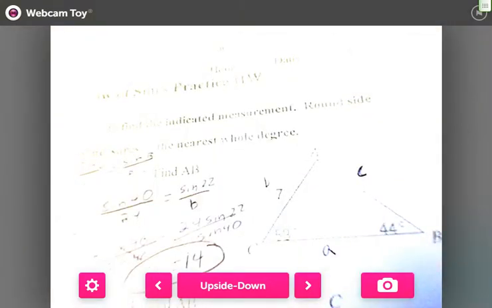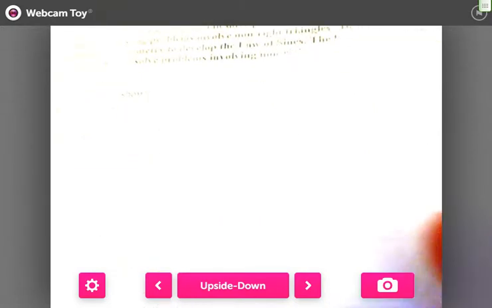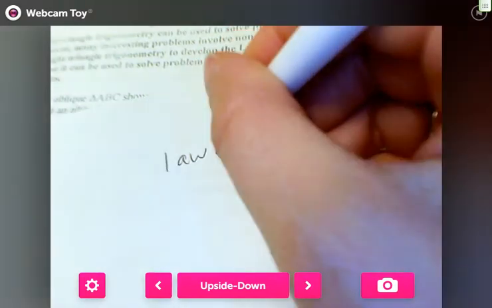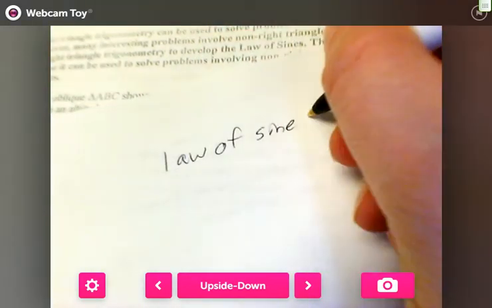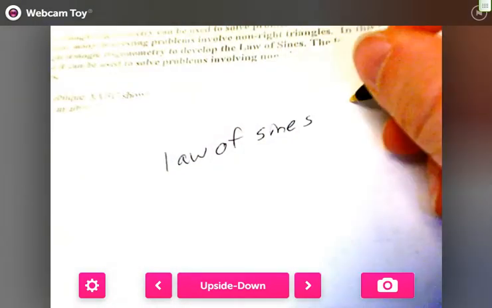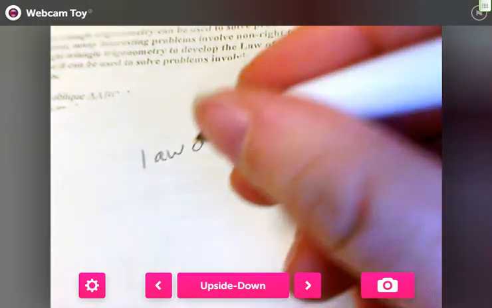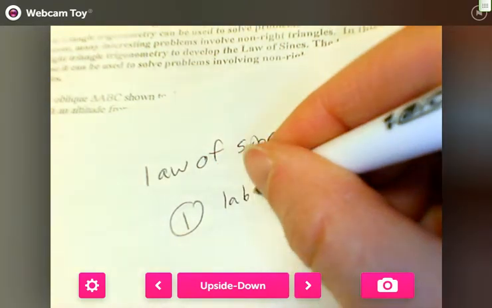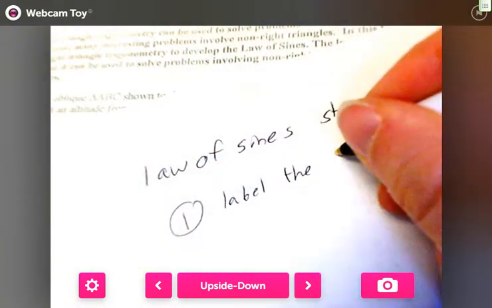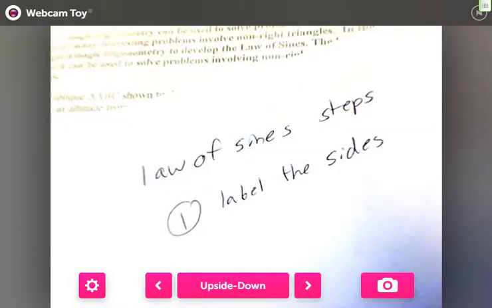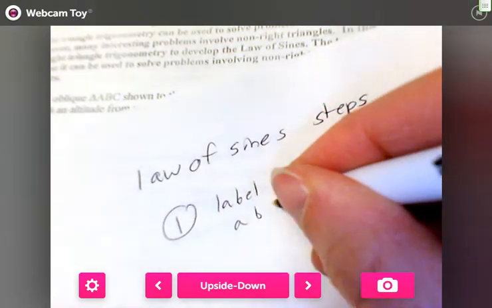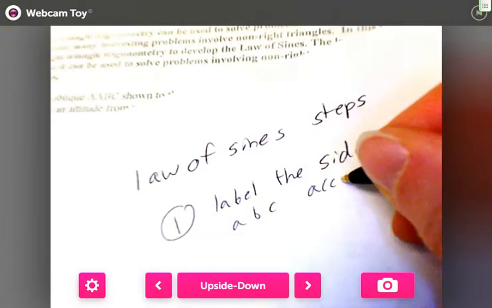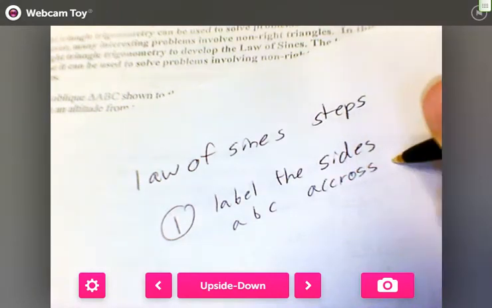Should we write down steps? Do you want to turn this over and write the steps on the back? Yeah. Okay. Law of sines, steps. Step 1: label the sides a, b, c across from angles.